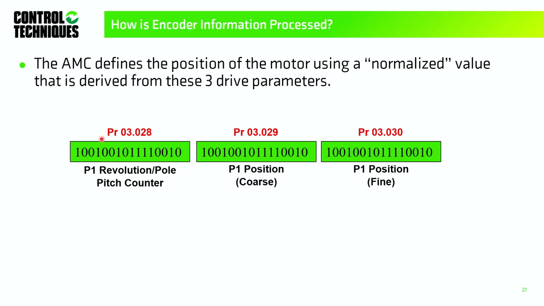Menu 3, parameter 28 is the turns counter. 29 is the position within a turn. 30 is the fine position within a count. So it's a very high resolution system. Why do we do that? We do that to provide enough resolution for the speed loop, regardless of the encoder that you're using.